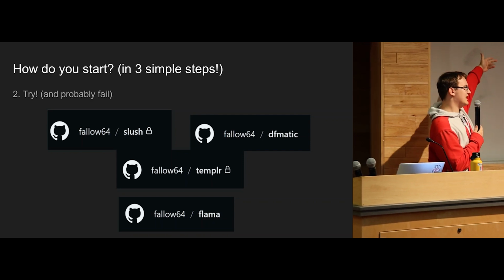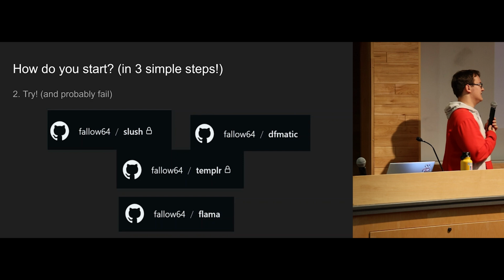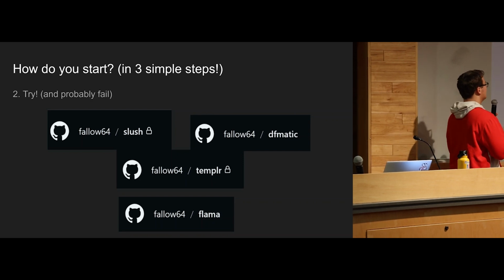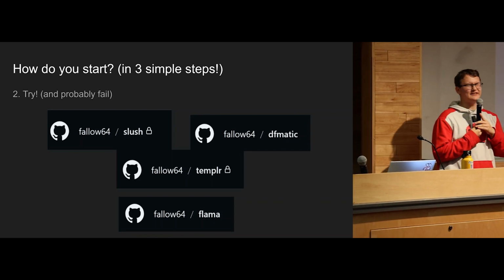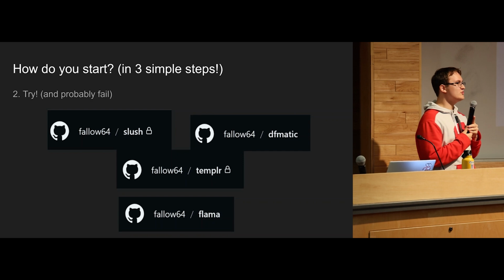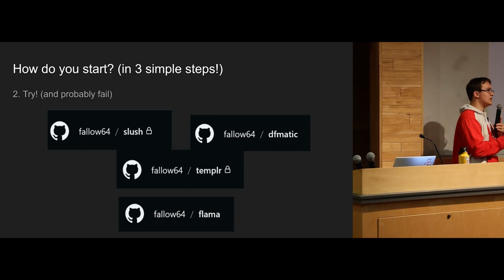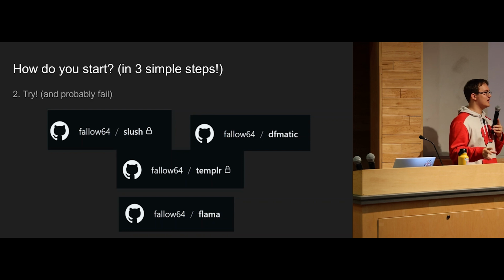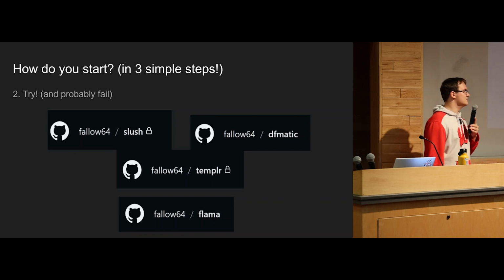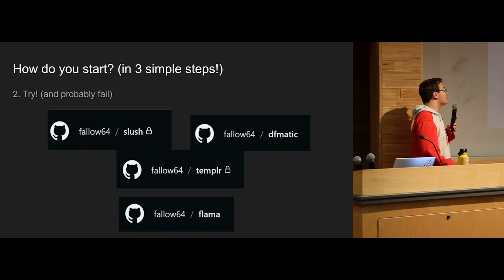So these are the ones that I thought were to a level to put on GitHub. So I have to have tried at least 10 times, whether that be just the first file, or maybe building it out to the Lexer or something, but then giving up at a certain point. But the point is to just try, and you'll fail, and that's totally okay, because you'll learn something for the next attempt. And the third one is, of course, to have fun.